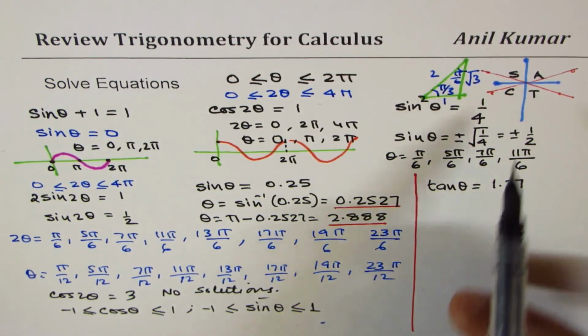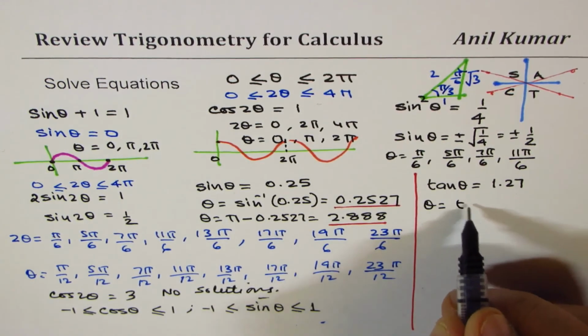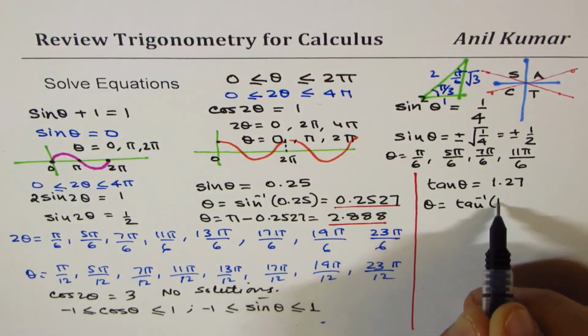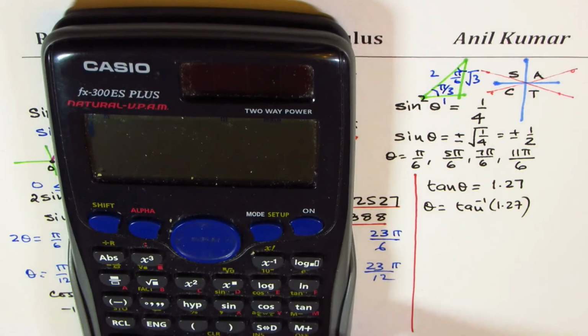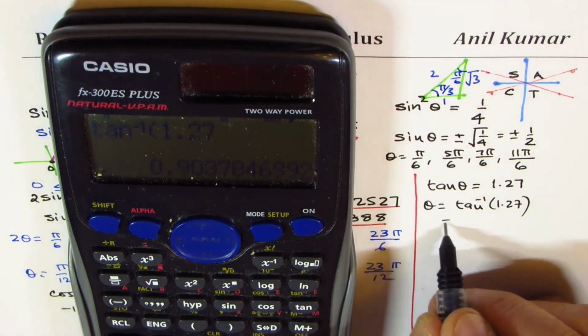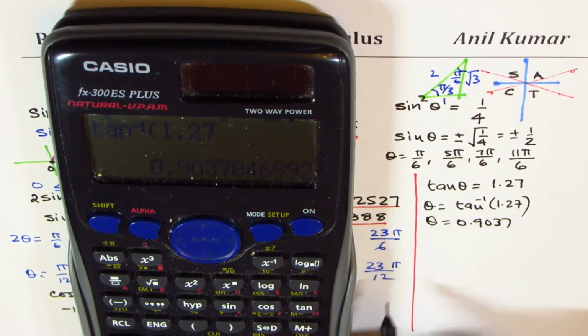So whatever you get in quadrant 1, you can add pi. Theta equals tan inverse of 1.27. So we have tan inverse of 1.27 equals, it gives me 0.9037. That is one value of theta.